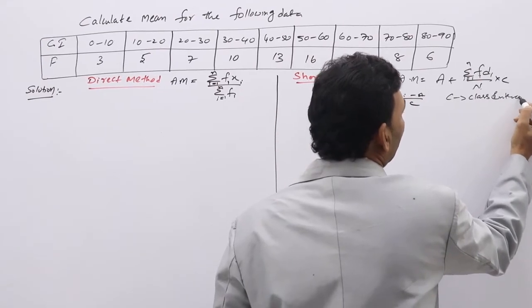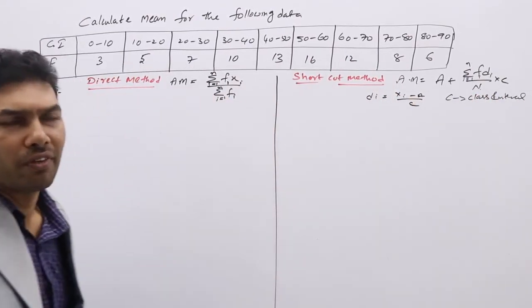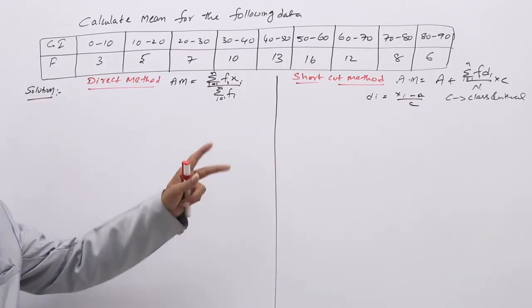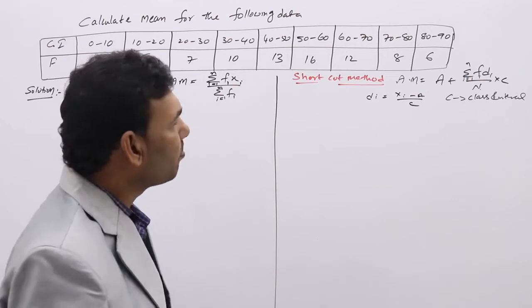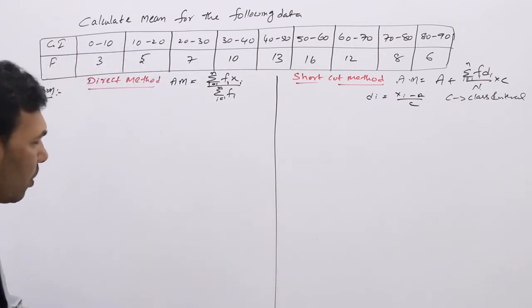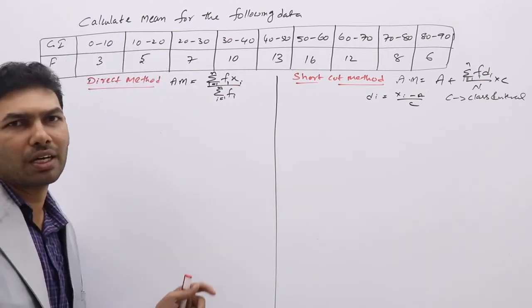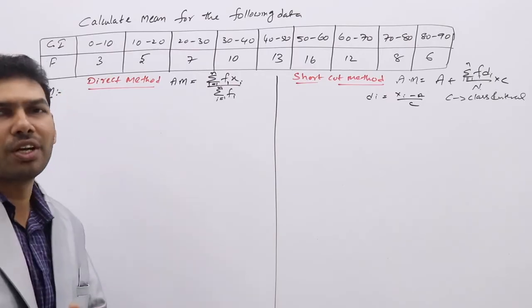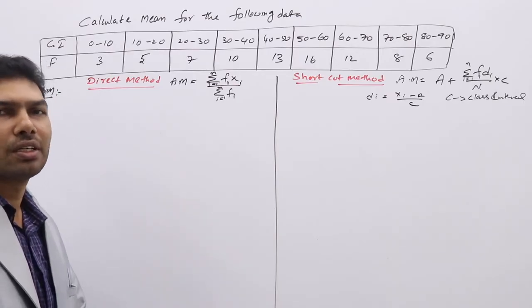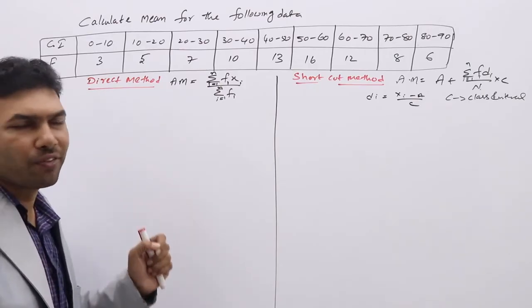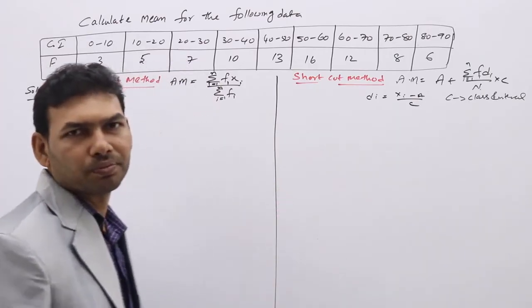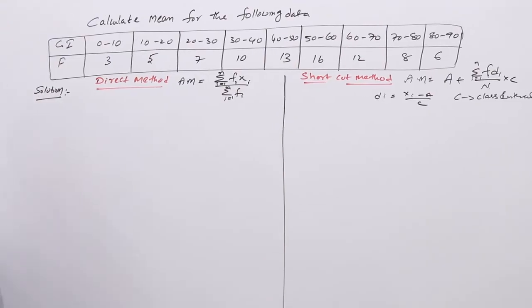I will tell you everything while calculating the shortcut method. Both give the same result, but in this you may have some complex, difficult computations when you have big numbers, so this will be a little difficult compared to the other.